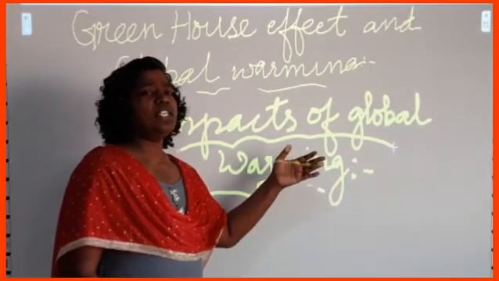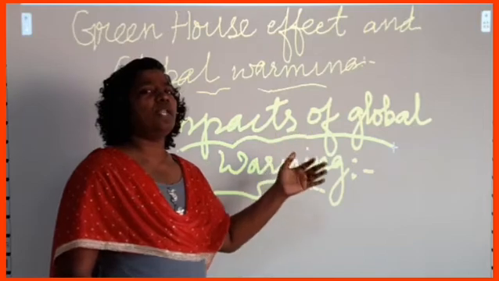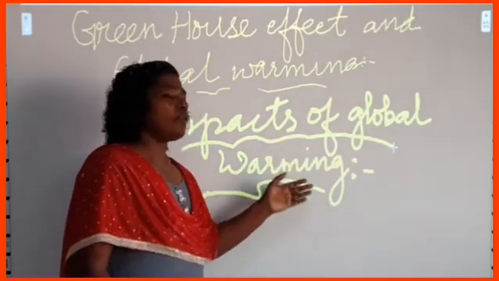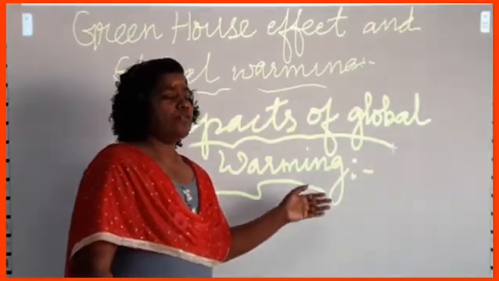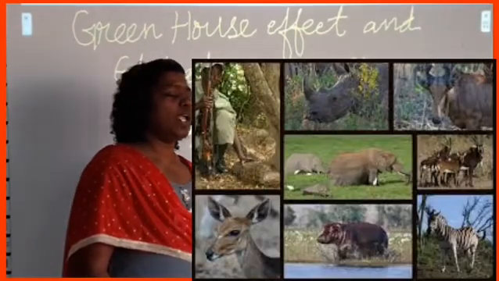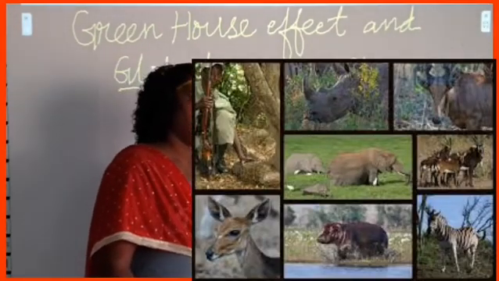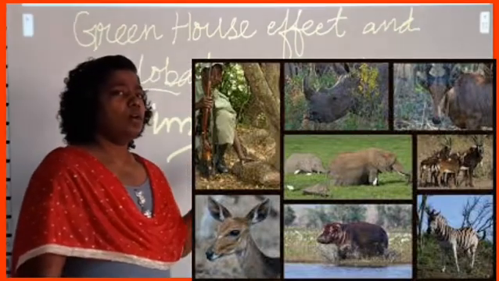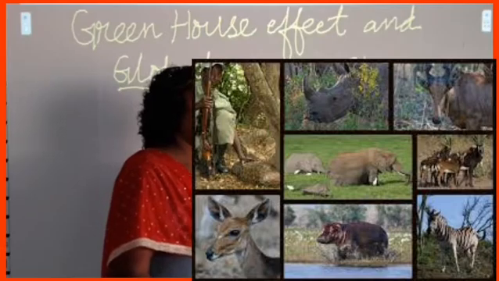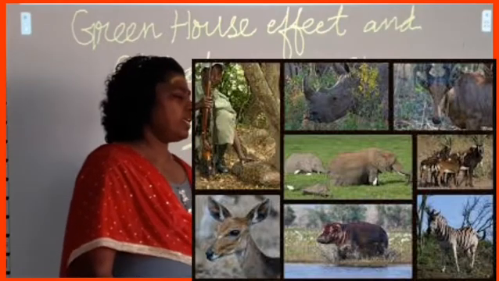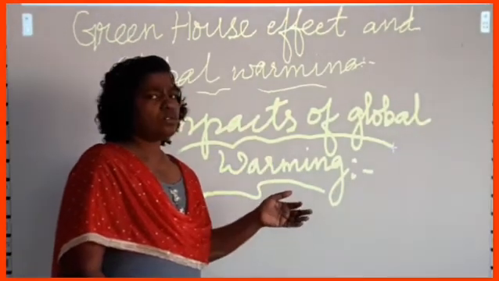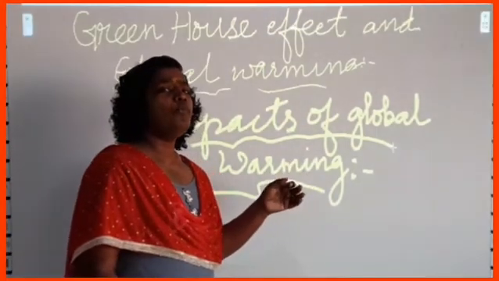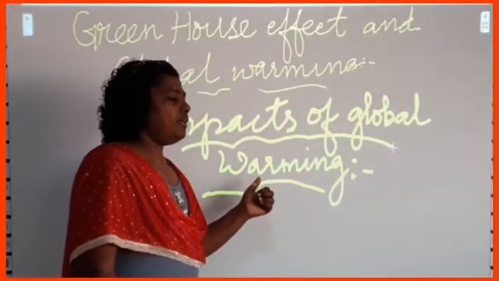The frozen regions may melt, the sea level increases and the land level decreases. It also affects the wildlife. It may cause hurricanes, tornadoes, sudden floods and heat waves that affect the earth. Not only that, there will be a change in the flow of ocean currents that affects the earth.